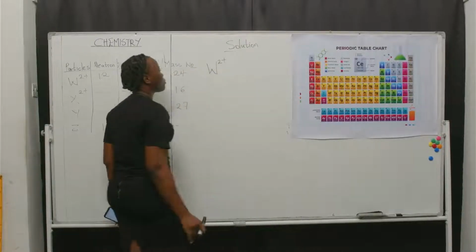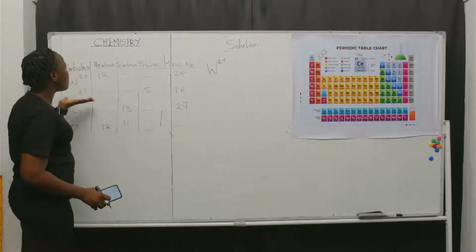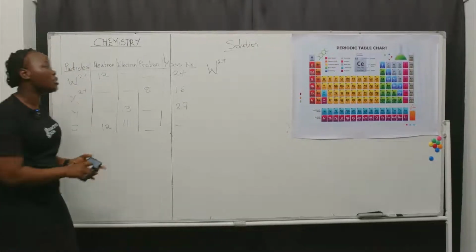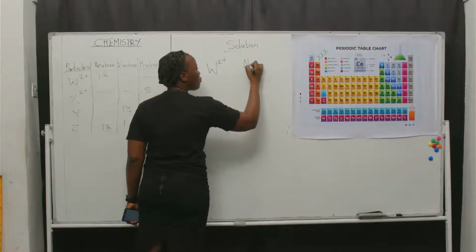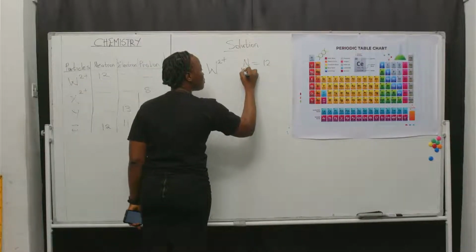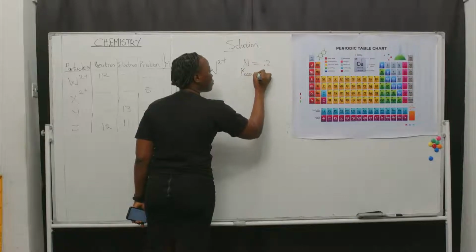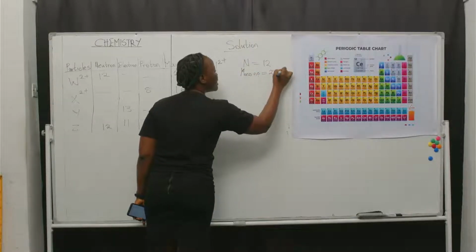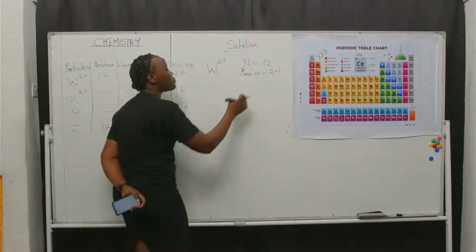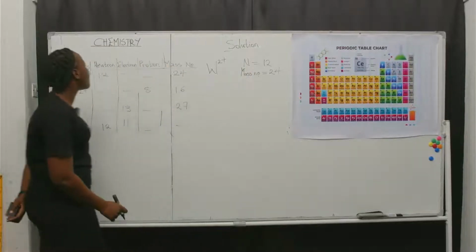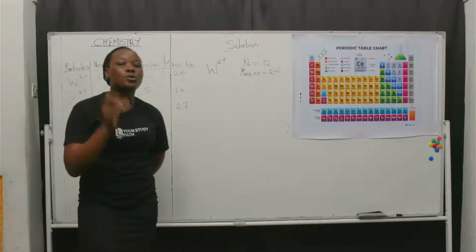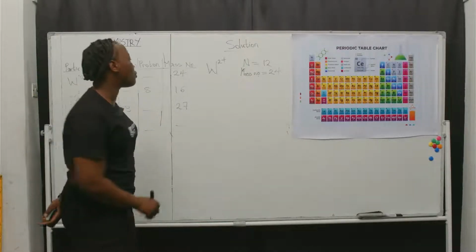W2 plus. What information were we given? We were given the neutron number to be 12. We are given the mass number to be 24. And so from this information, we can calculate the proton number, because we know that mass number is equal to proton plus neutron.